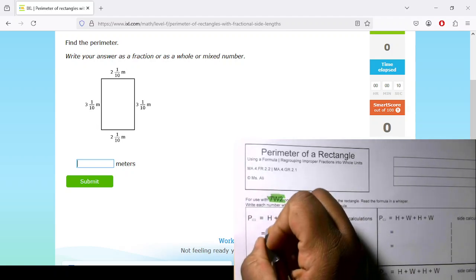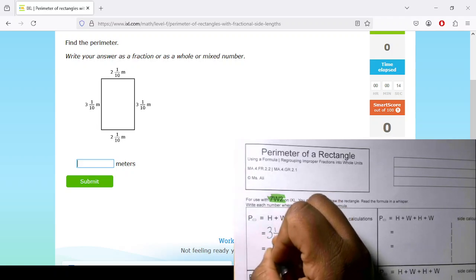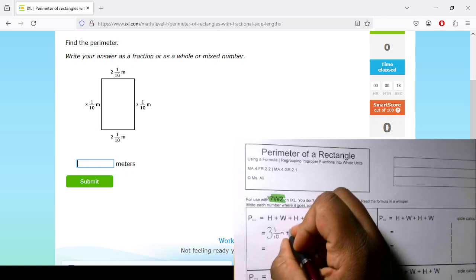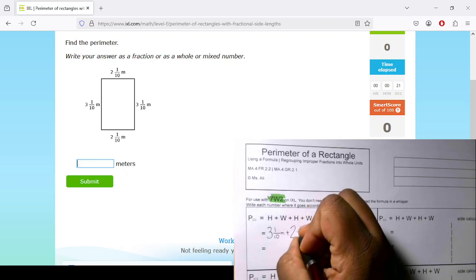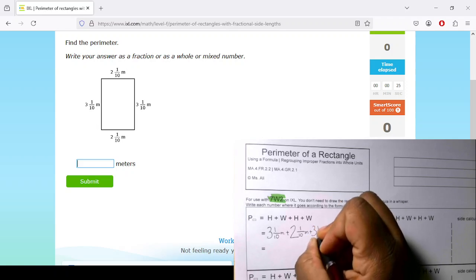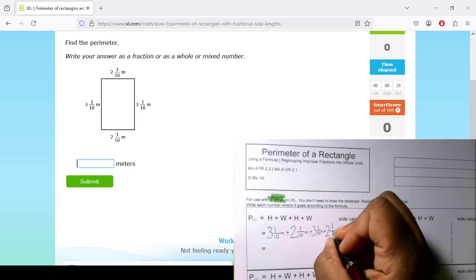The height of this rectangle is 3 1/10 meter. The width of this rectangle is 2 1/10 of a meter, plus 3 1/10 of a meter, plus 2 1/10 of a meter.